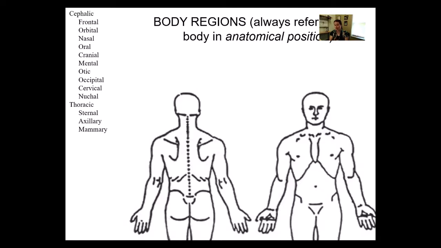Learning these regional terms is really going to help you learn the muscle names, the bone names, the brain lobes. Lots of different things in the body are named according to their region, which is great because once you learn these, it'll help you learn those. But also, if you don't know a term, but you see the word cranial in it, just like you did earlier today in your breakout rooms, you can use these context clues to figure out at least approximately where you should be looking.